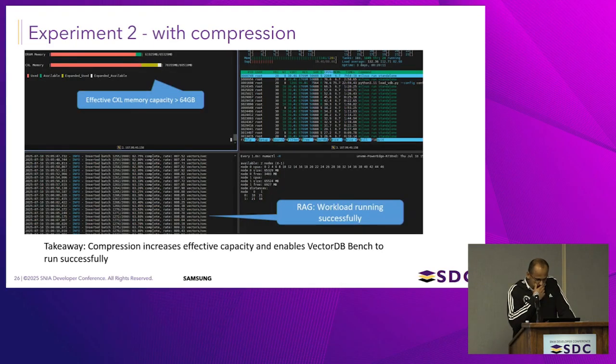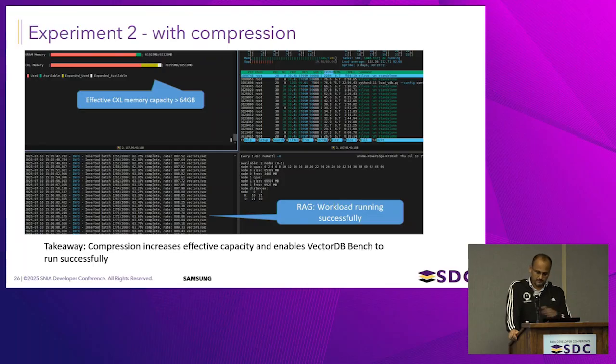Now we did the second round of experiment, which is with compression. So we ran the same setup with compression enabled by means of Linux ZRAM on the emulated CXL memory. We were also observing the effective capacity by means of compression. So we could see that our effective capacity of CXL goes above 80 GB.